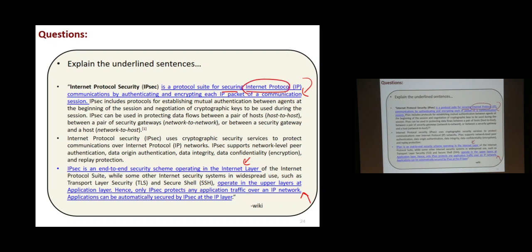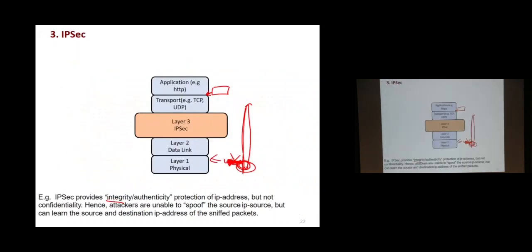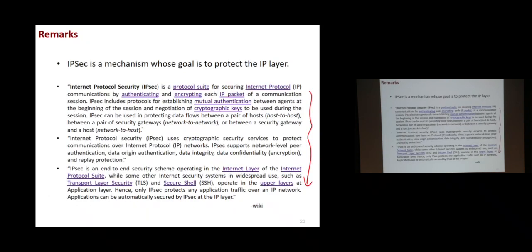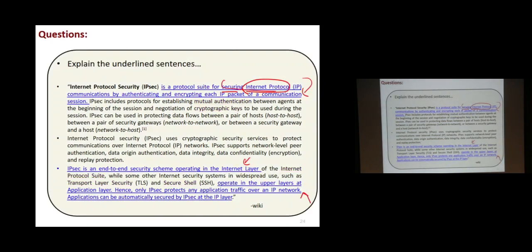So from these three words, probably you can infer that IPsec protects layer 3. Read this one: it's a protocol for securing IP. Securing in what sense? For authentication and confidentiality. So mention this.